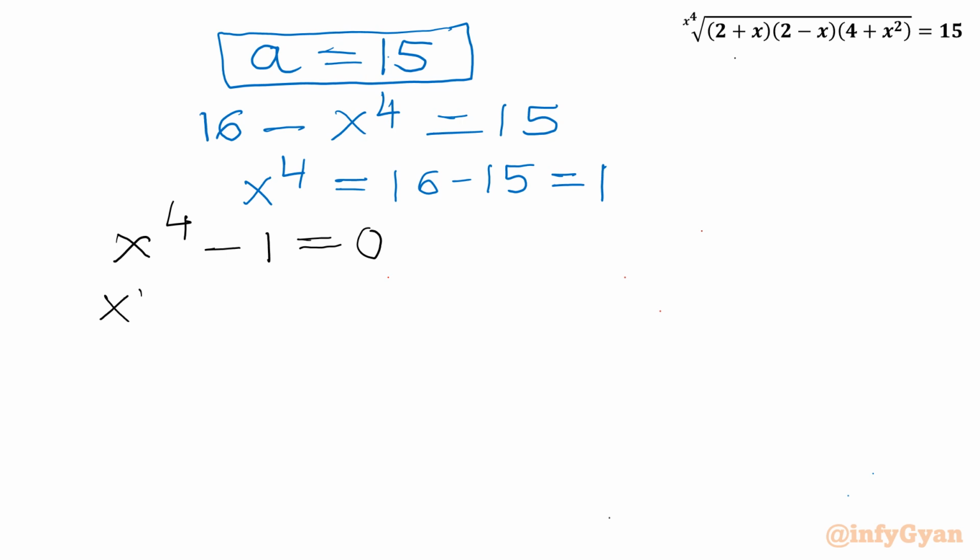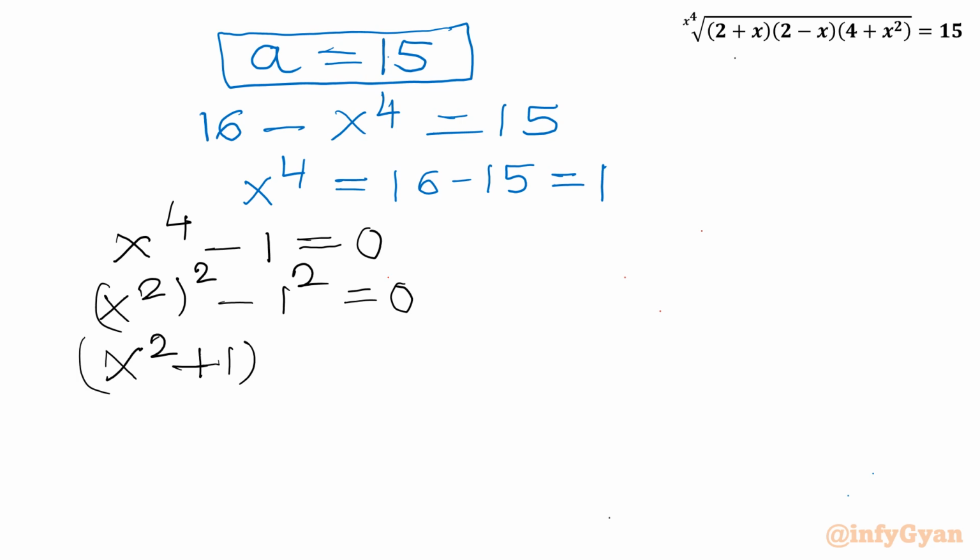Or I can write x square whole square minus 1 whole square equal to 0. Or I can write x square plus 1 times x square minus 1 equal to 0. Again I can apply the difference of two squares here.